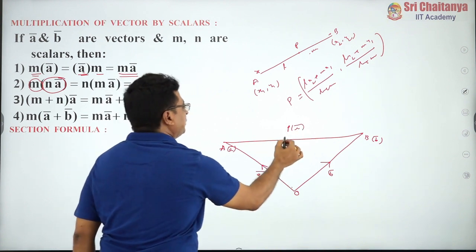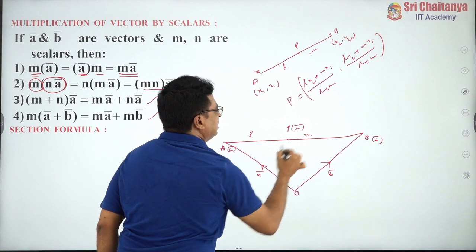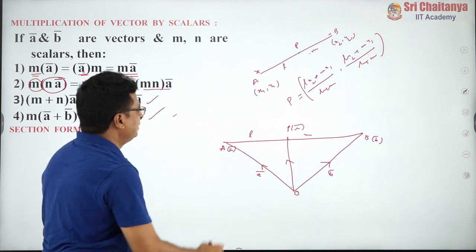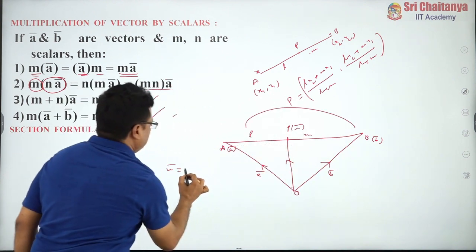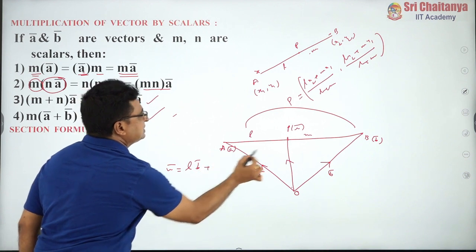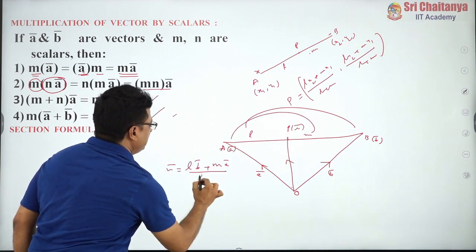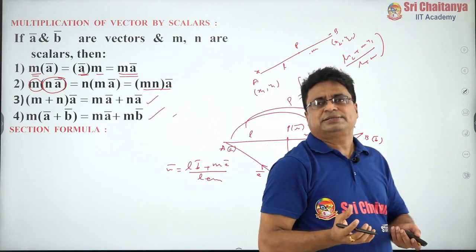If P divides the line segment joining AB in the ratio L is to M, then the position vector OP bar, that is R bar, is equal to LB bar plus MA bar by L plus M. See here, only the notation matters.